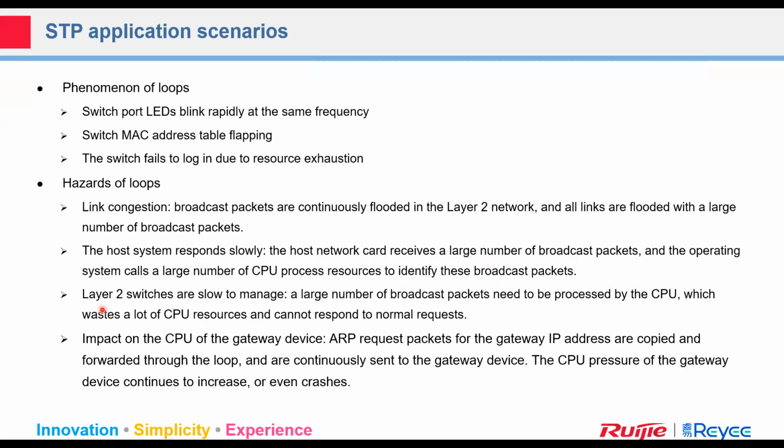The layer 2 switch also will be unable to manage because of the slowness. Same thing happens: the CPU is very high and there is a lot of wastage on this switch. This will also impact the CPU of the gateway device.